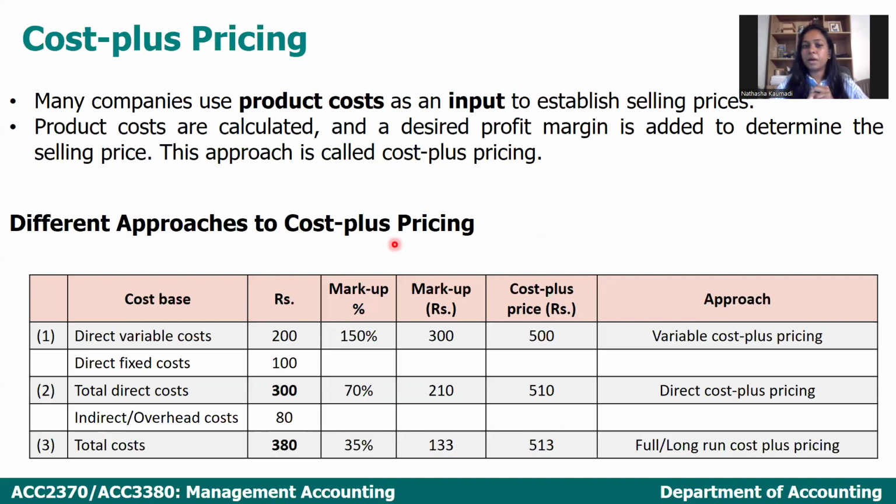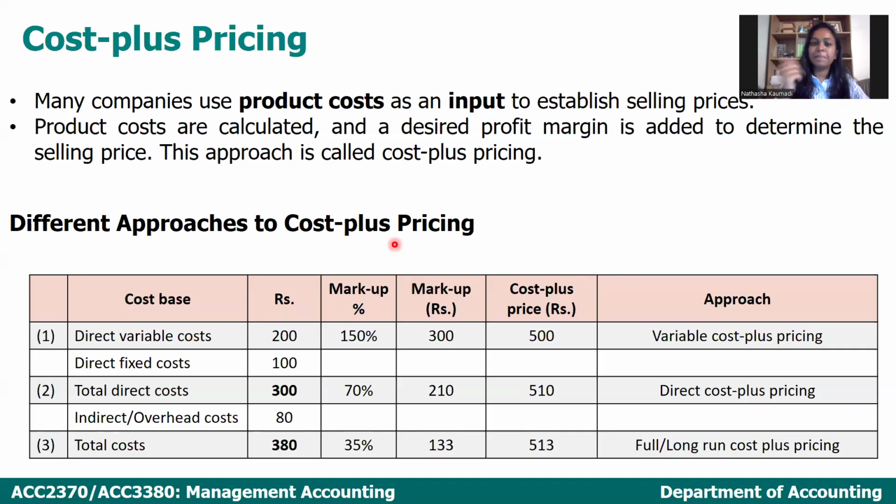Now you are talking about cost plus pricing. This is one particular way of pricing a product. Cost plus pricing. So when you read those words, you can get some kind of understanding, right? You take the cost as the base, you add something, you add a markup, and then you decide the price.